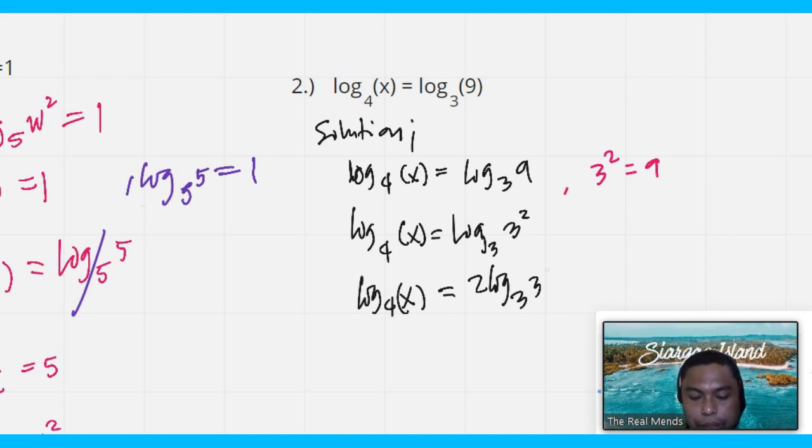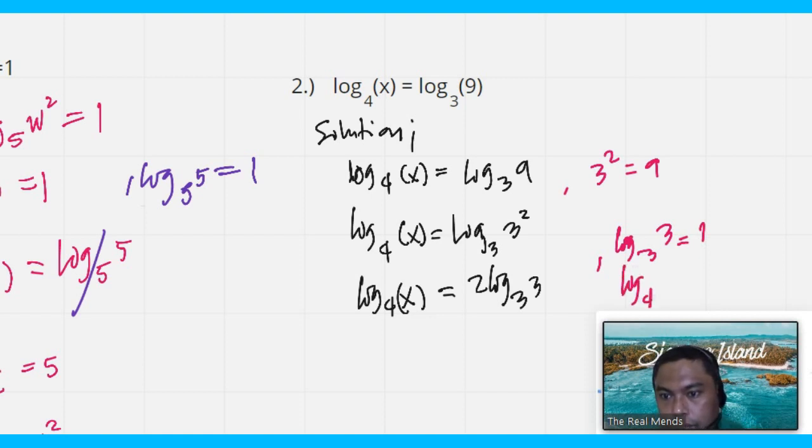We need to make the base of 4 match the right side. So we all know that log base 3 of 3 is just equal to 1, and if we have log base 4 of 4, this is also just equal to 1.